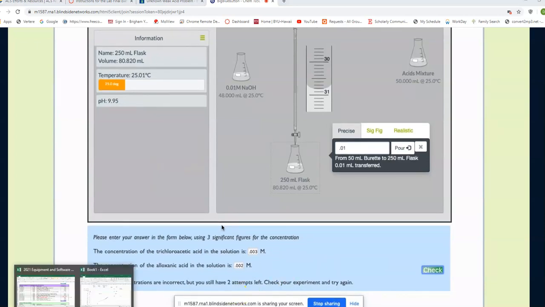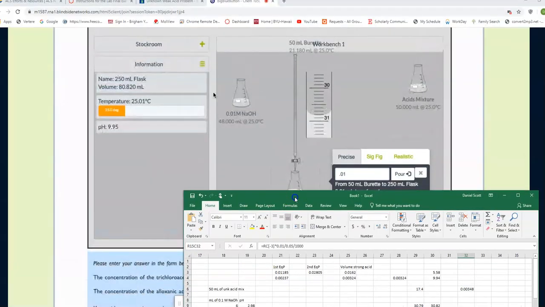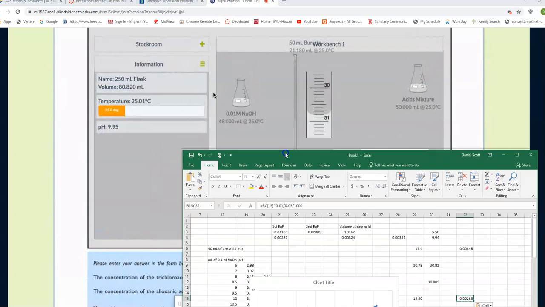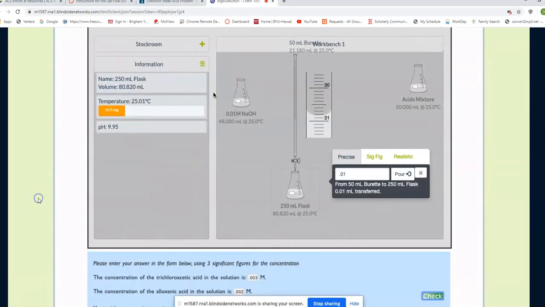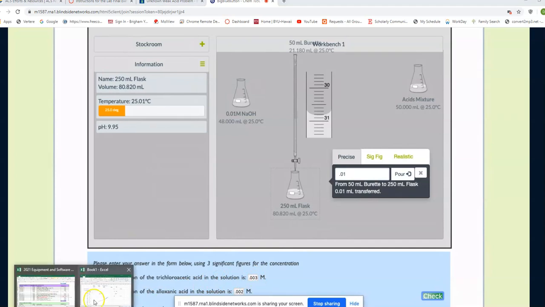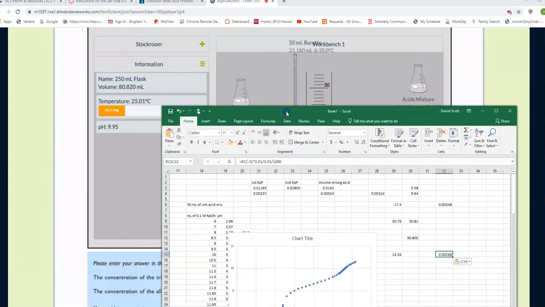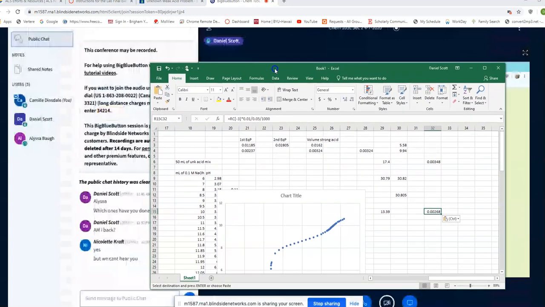Let's double check our volumes. The first volume was 17. The second volume was 13. So the first volume should be higher in concentration. The first volume was 17.4.